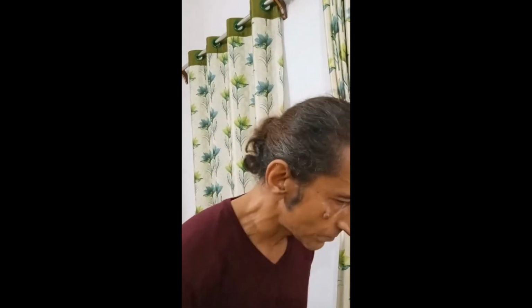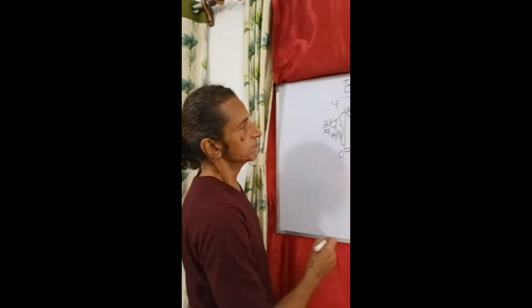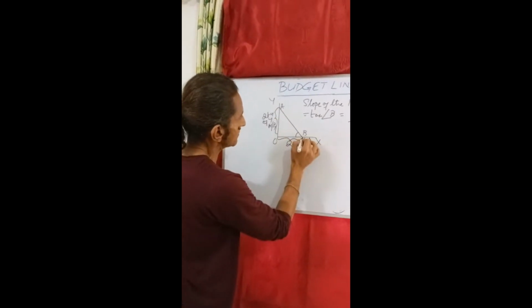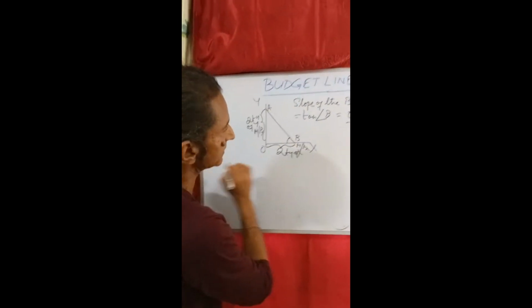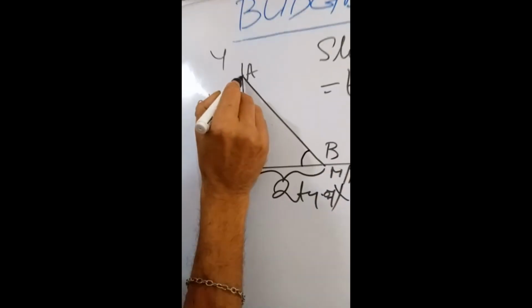If price of X falls, the consumer will be able to purchase more because X has now become relatively cheaper compared to Y. So previously AB was the budget line, and after the decrease in the price of X, the new budget line will be like this.